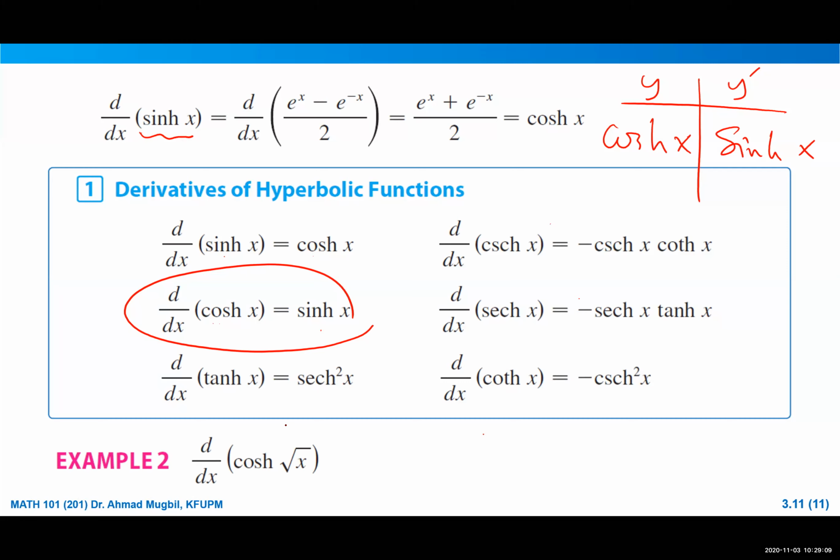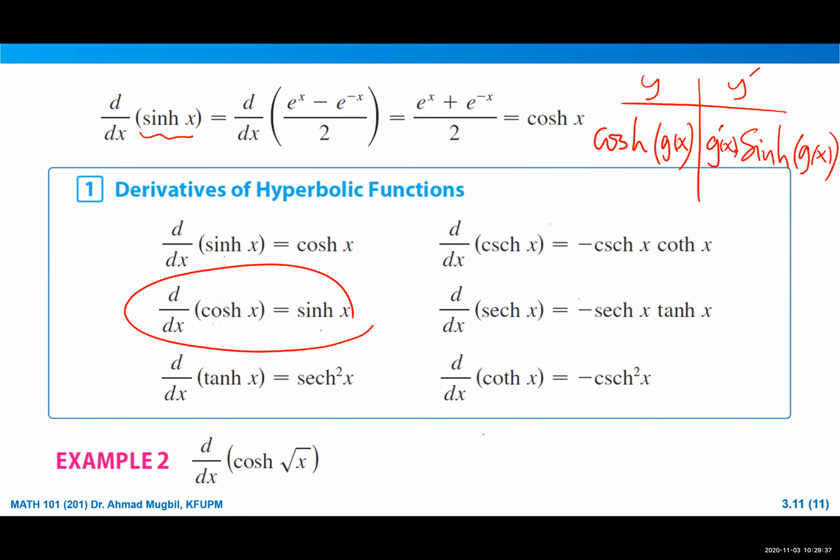So in this case, ya shabab, I advise all of you, please, write the table not only for these functions, but for all the functions that you have. Write and ask yourself, what is the derivative of cosh g of x? When you have a function inside cosh, the derivative will be sinh, the same function, but here you will multiply by the derivative.